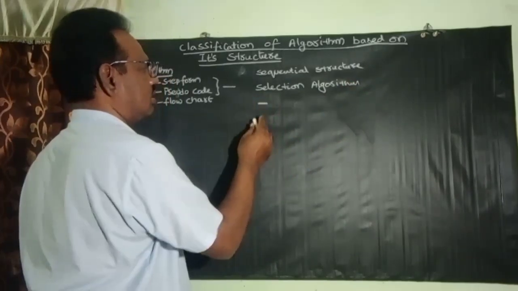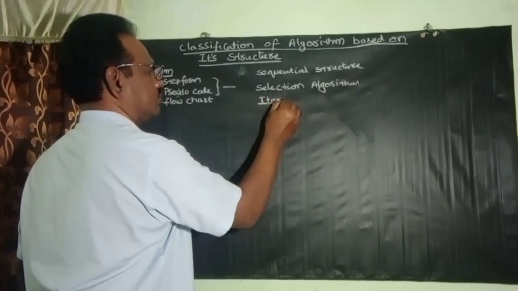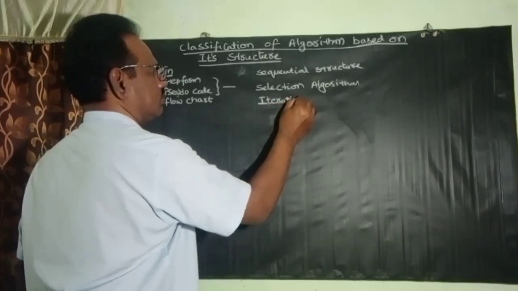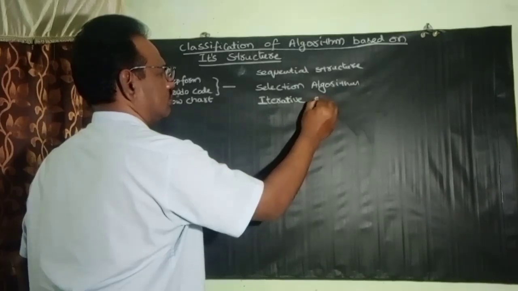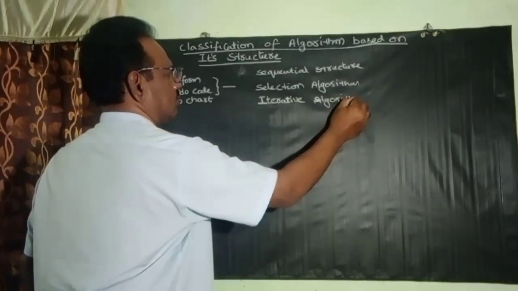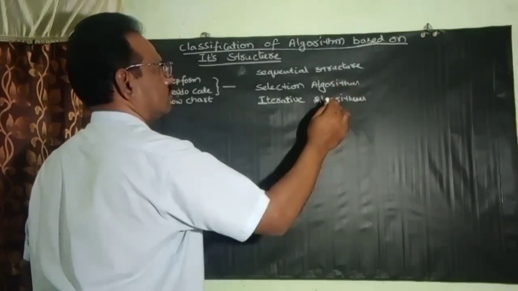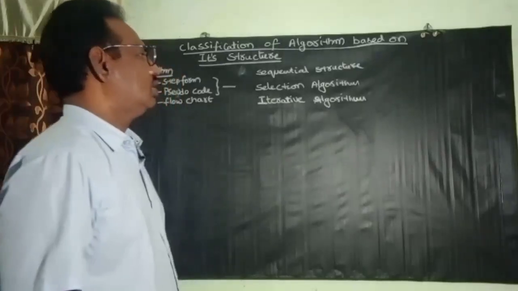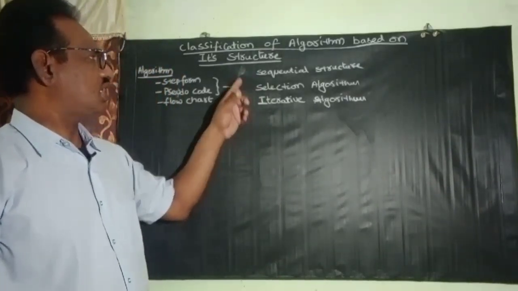The third one is the iterative type algorithm. So these are the three classifications based on structure.